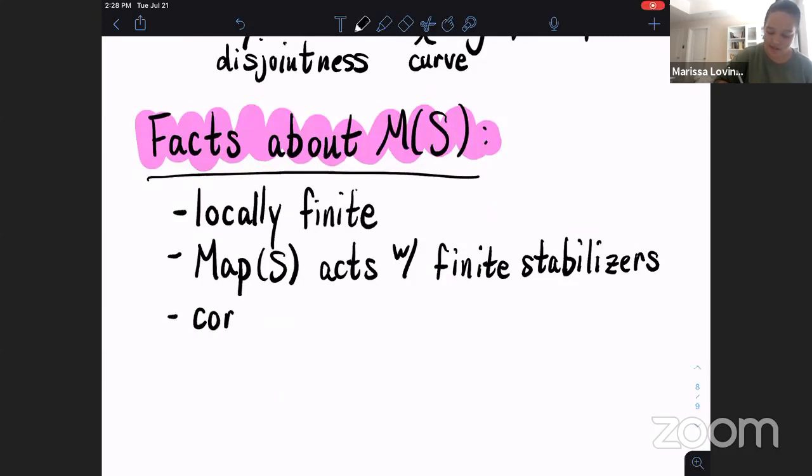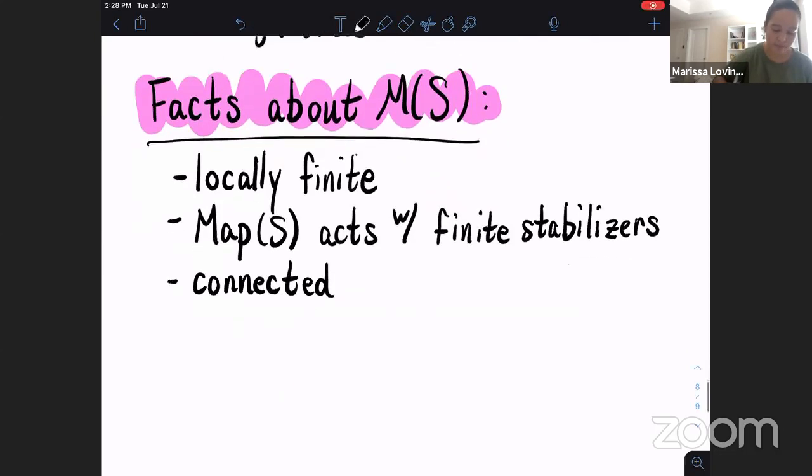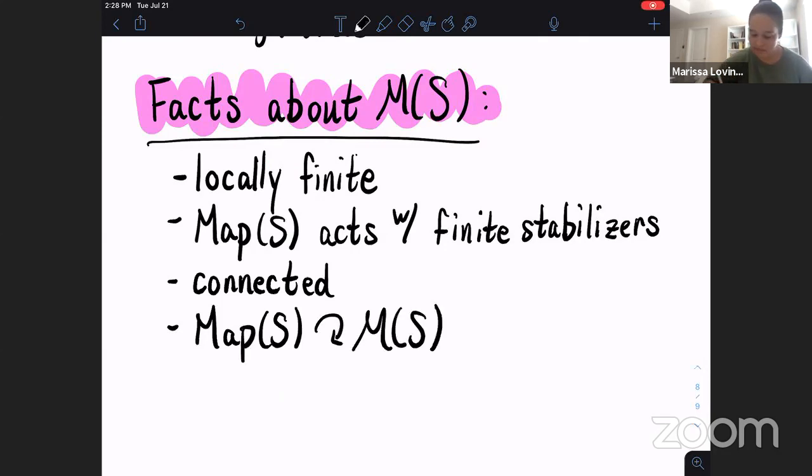Luckily, it's also connected, just like all of the graphs that we've looked at so far. And finally, the mapping class group acts on the marking graph co-finitely, so it's a finite quotient.